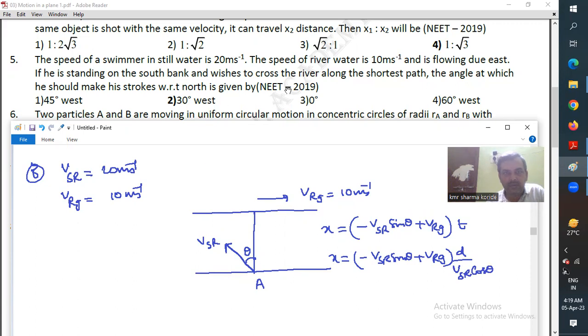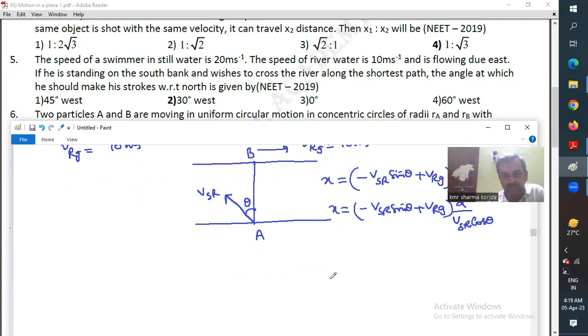Now the question is, shortest path means what? You want to reach here. So at what angle should he start? That is the question. Therefore, if you make x equal to 0, this is going to be minus VSR sin theta plus VRG, because VSR cos theta into 0 is 0, divided by D is also 0.